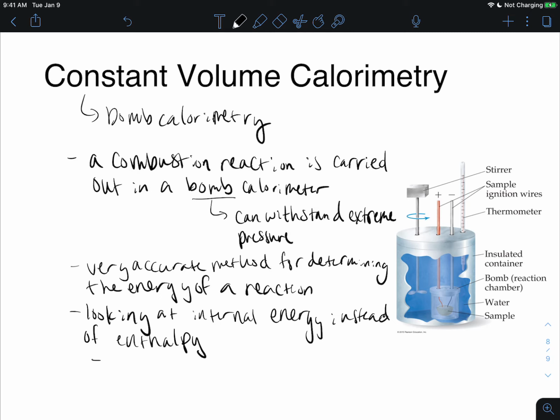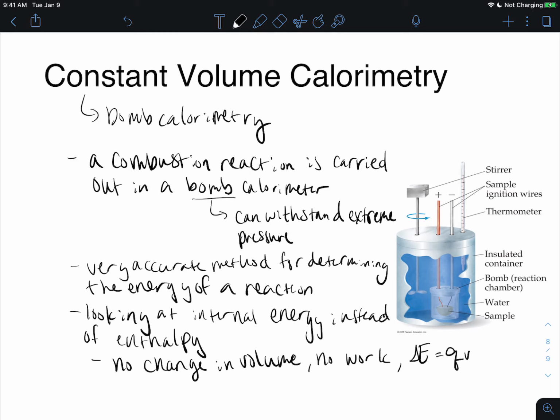And we can do this because since there's no change in volume, there's no work, so our delta E is equal to our Q at a constant volume. So no change in volume, no work. Our delta E is equal to our Q at V, which is our constant volume.